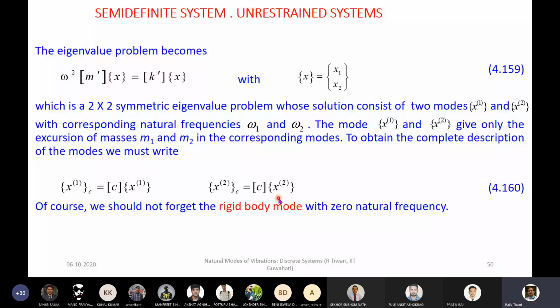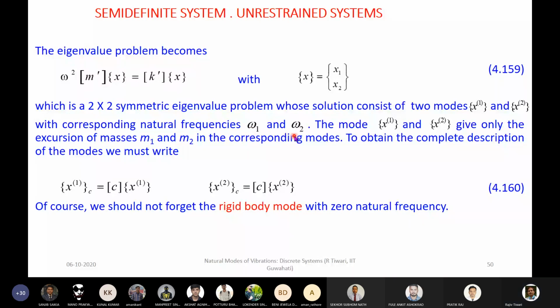Similarly for the second mode. And for the rigid body mode, we know that the natural frequency is 0. So along with omega 1 and omega 2, we'll have omega naught, which will be equal to 0. So of the three natural frequencies, one will be 0, another will be omega 1, and another omega 2.